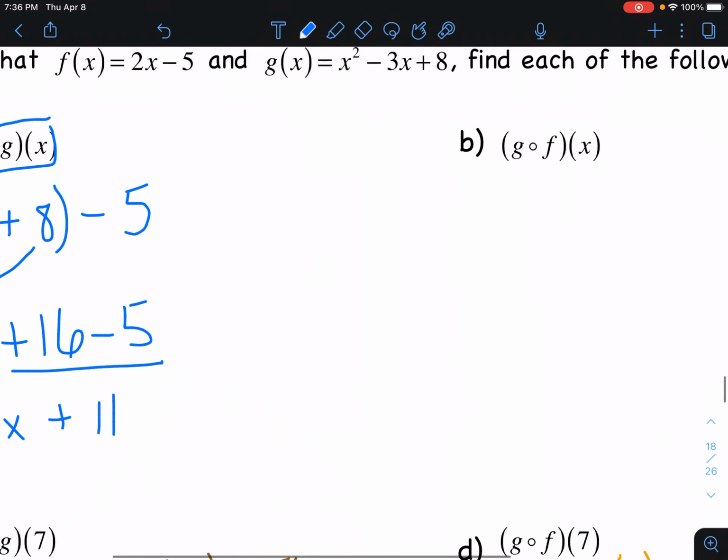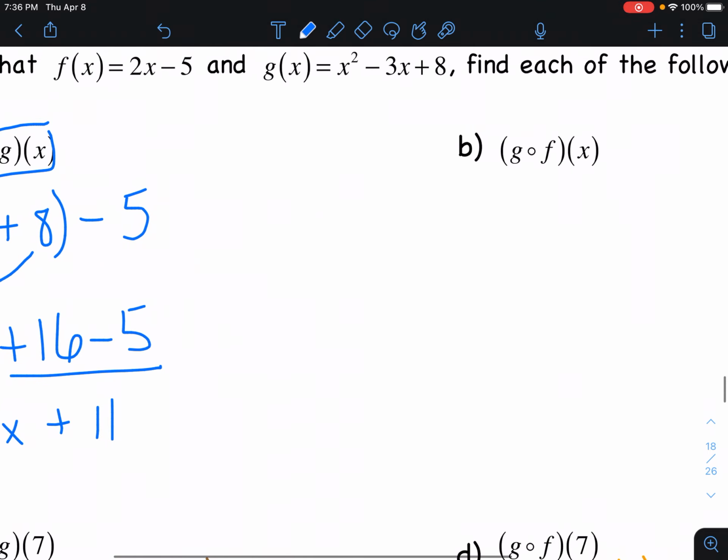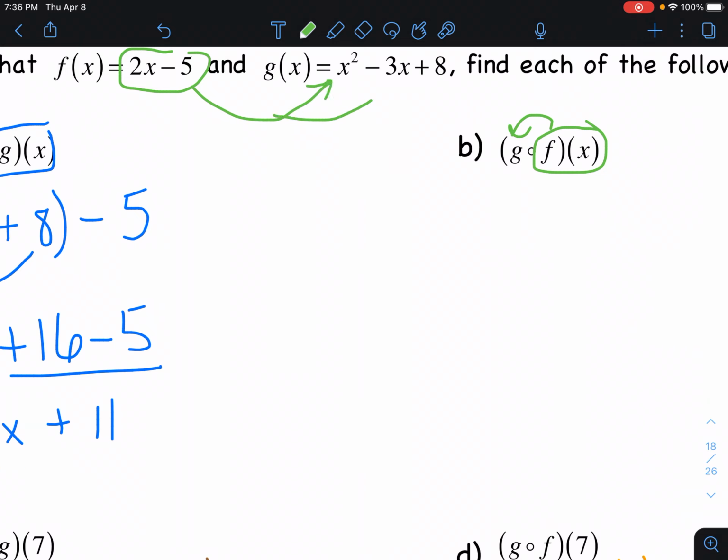Let's take a look at letter B. Letter B says g of f of x. So in this one, we're going to take function f and put it in for the x's into function g. So we're going to take function f and put it in for the x's here and here. Here and here. And we're going to replace them with parentheses.